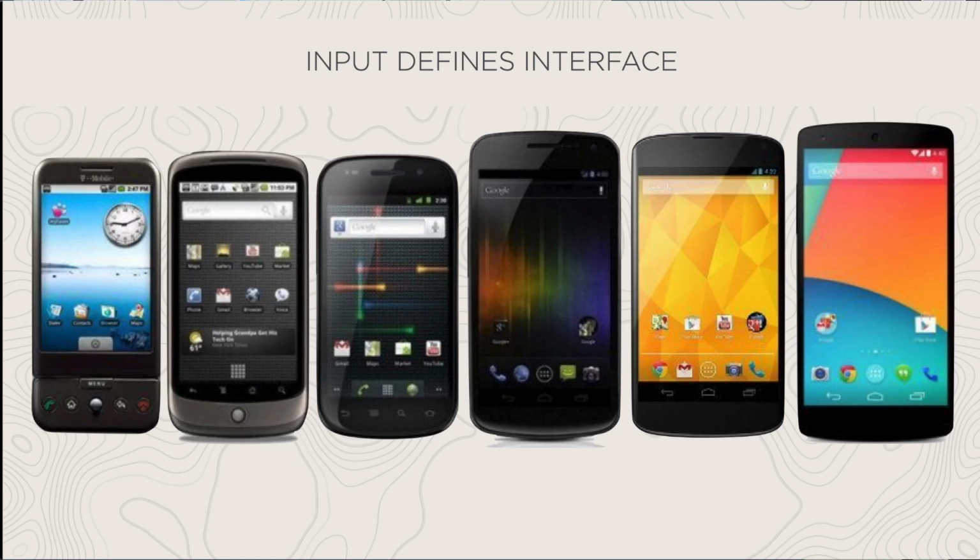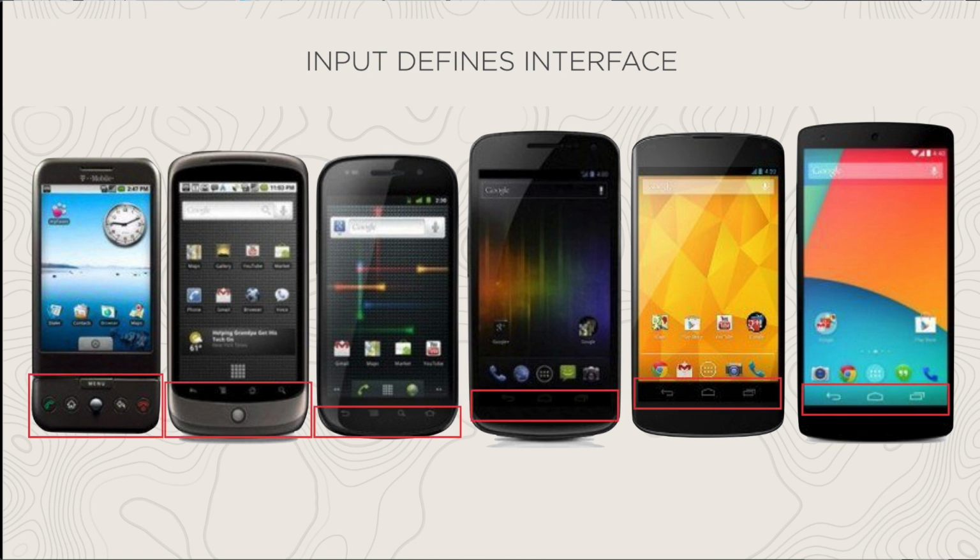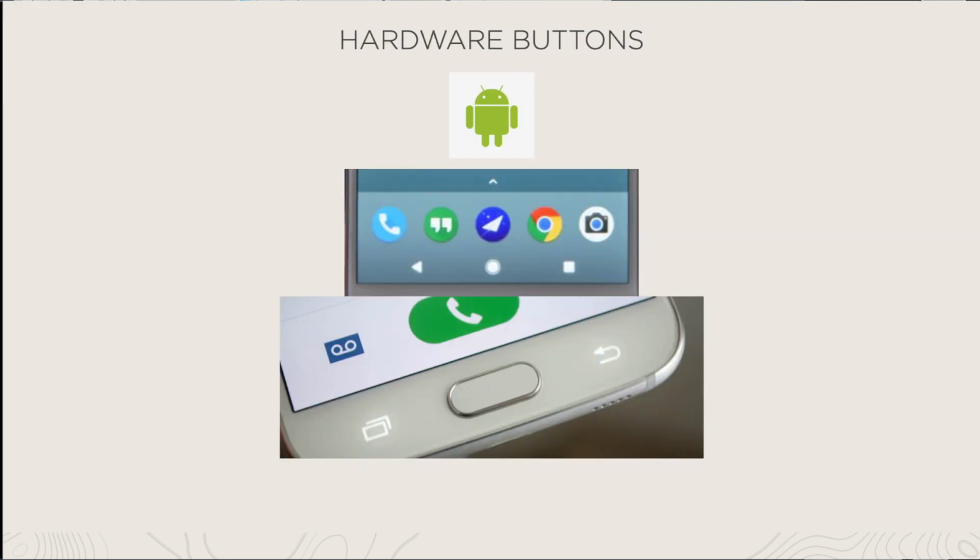And you can see the evolution of Android devices over time has moved away from these hardware keys being at the bottom and being literal physical keys to being software keys on screens. But at the same time, they're always there. So understanding these buttons, I think, is crucial to understanding the Android ecosystem.